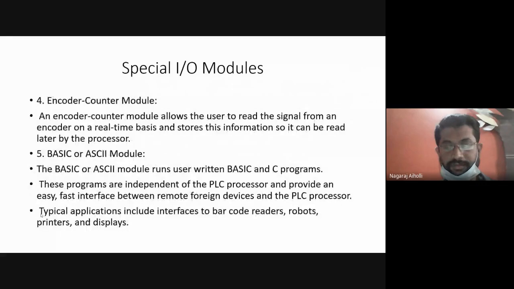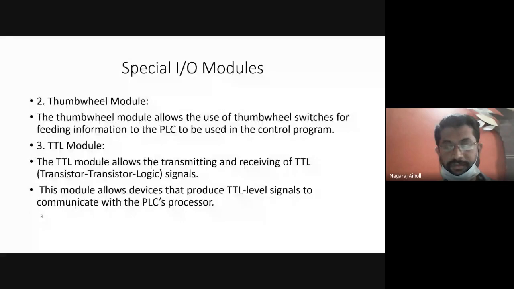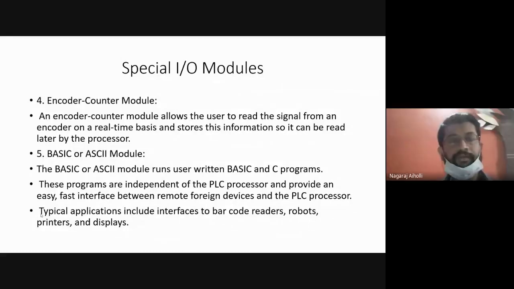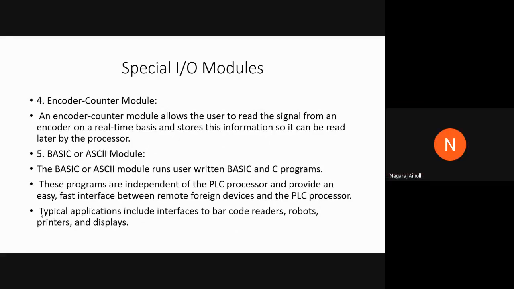Then the encoder counter module. This encoder is a module. Just now I gave the example of the optical encoder wherein it counts. One more application I will highlight here is the capping of a bottle. I had sent the video also on this, right? Capping of the bottle filling.